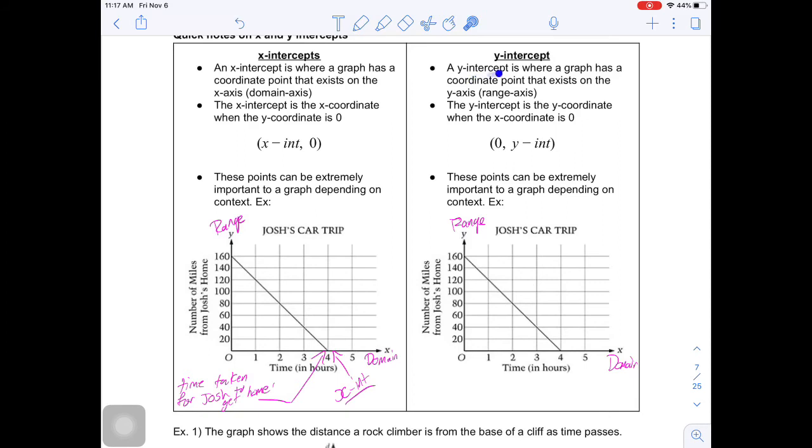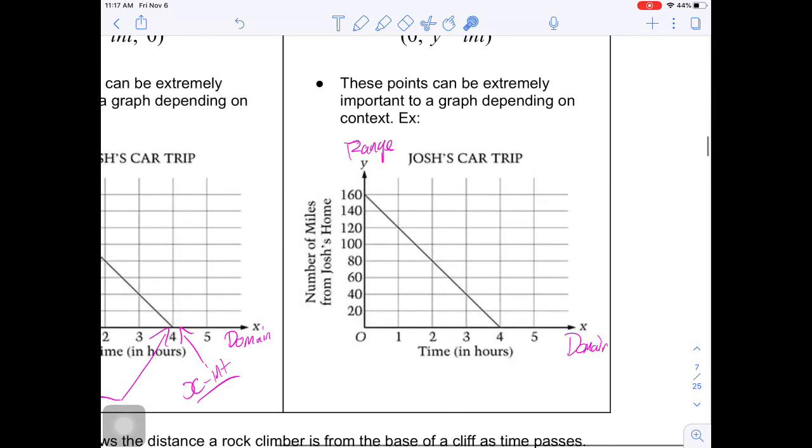Let's maybe look at a y-intercept. The y-intercept's the same idea, but instead your graph is not going through the domain axis. It's when it goes through the range axis, or the y-axis. So right here, this happens when your x-coordinate is 0, or your domain coordinate. So here at 0 for our domain, we are at 160, okay? And again, these are usually pretty important points. So right here, we can find our y-intercept. And what does that represent?